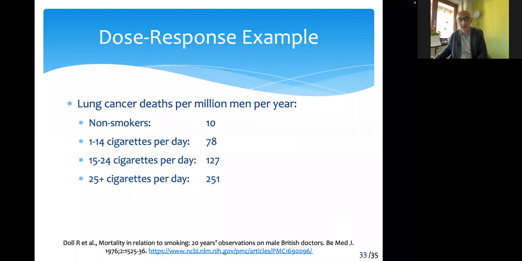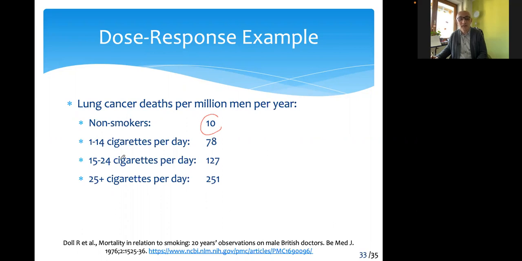Just 1 or 2 slides more to explain this relationship, this causality. Here, a dose response example, for example, lung cancer deaths per million men per year. Non-smokers, if you don't smoke, 10 of a million get lung cancer, even though they don't smoke at all.